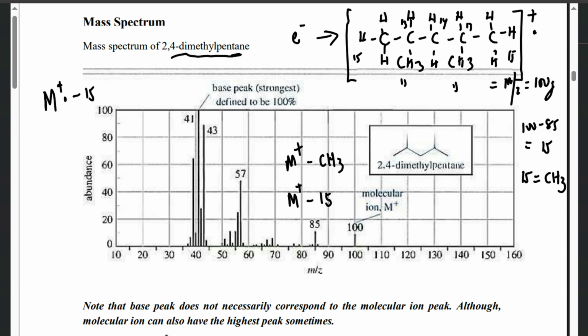This other one is the same thing as 100 minus 57, which gives us 43. That should be CH3, CH2: this is 15, this is 14, that's 29.